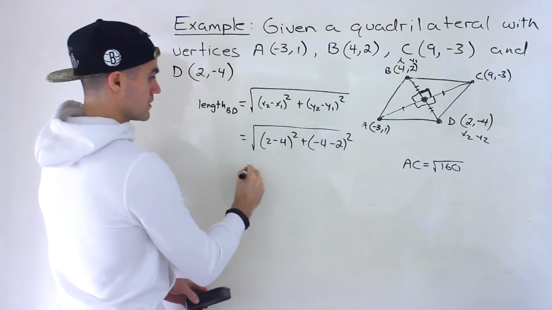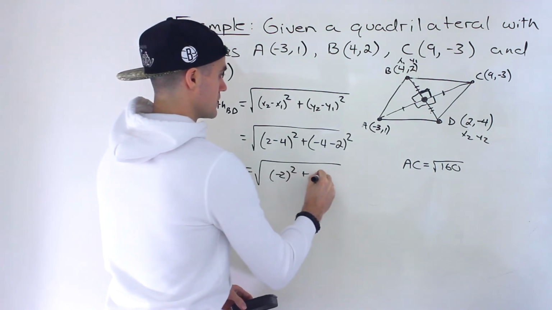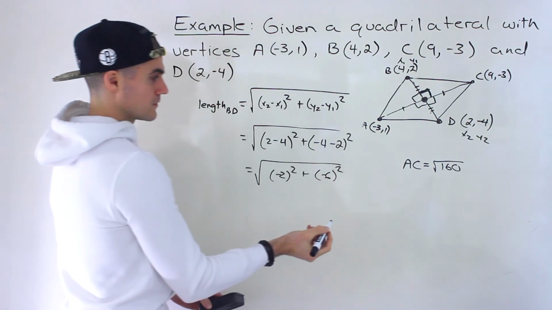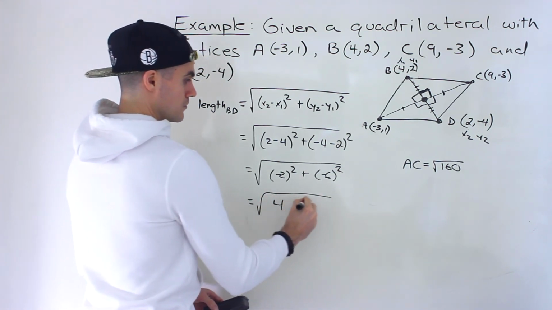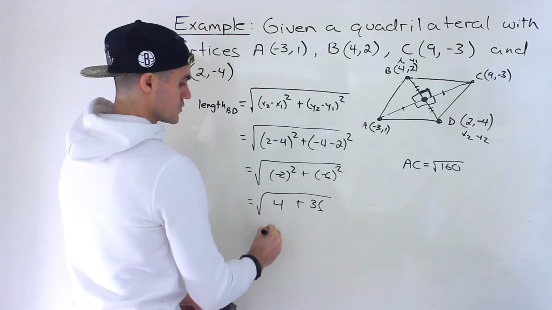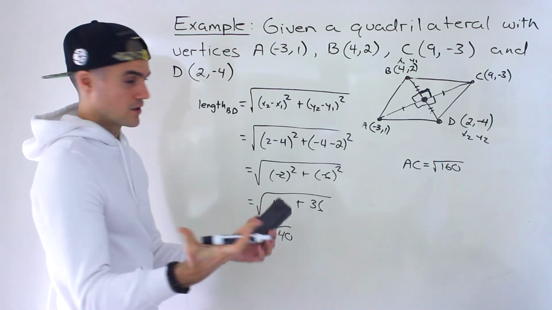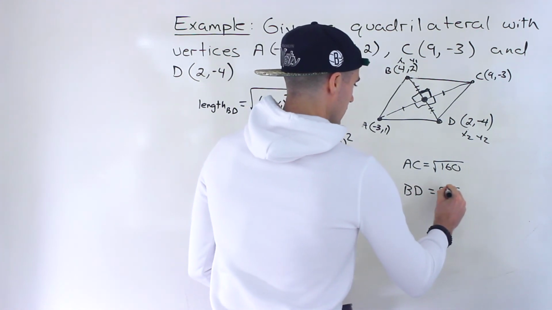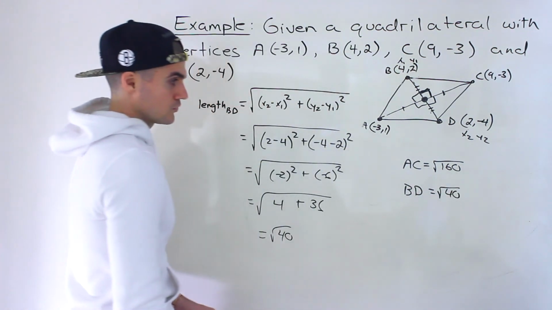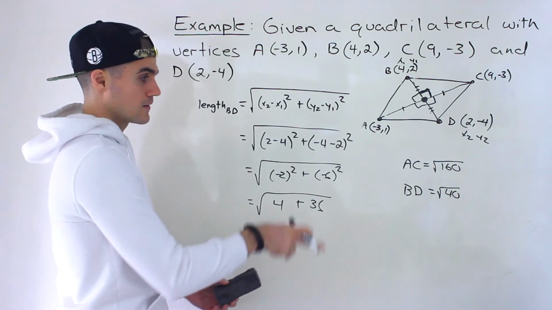That's going to be squared, so we'd end up with negative 2 squared plus negative 6 squared, like that, which would give us positive 4 plus 36, which would give us root 40. And so they're not the same length, right? BD is equal to root 40. If you want to get the decimal, that's going to be 6 point something.